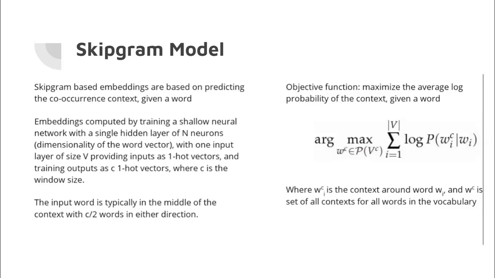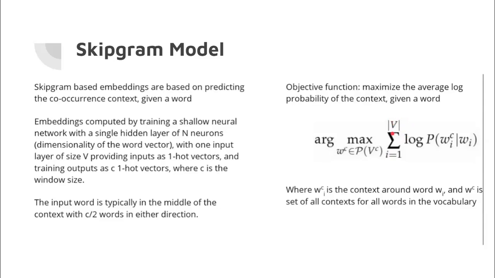Then the output layer will try to maximize those values, or try to get accurate round-figure values through this function. Here you can see it is a summation from i equals 1 to the size of the vector, the modulus of the final vector, that is basically the 1 and 0.